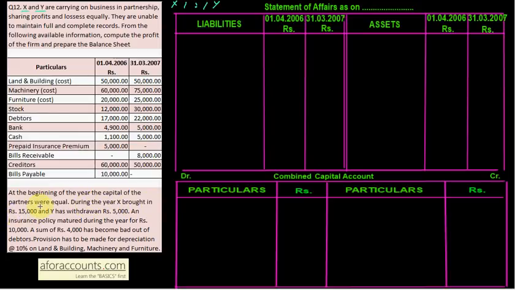That is additional capital, mark it: additional capital brought in by X. And Y withdrew rupees 5,000. An insurance policy matured during the year for rupees 10,000. A sum of 4,000 has become bad out of debtors. So bad debts will be used later in adjustment.